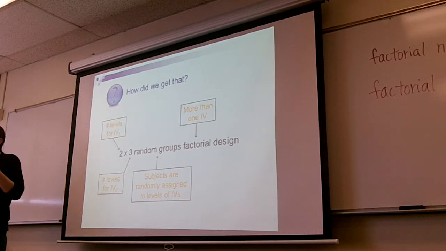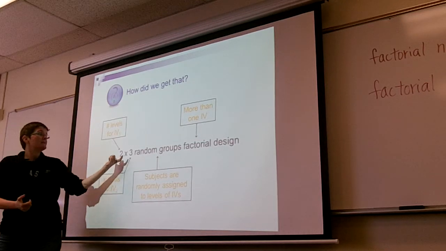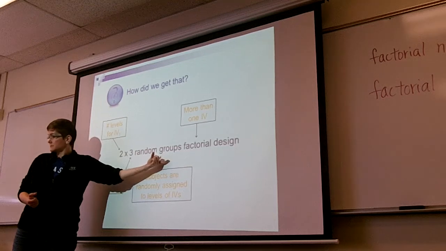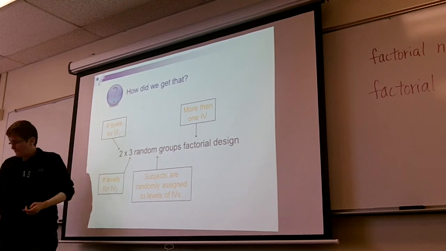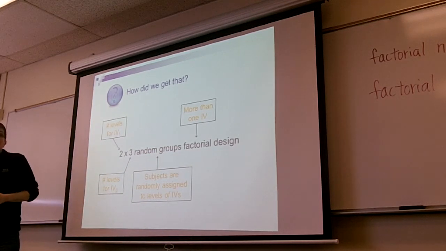So when I ask you to give me the factorial notation and factorial design for a study, you need to give me both parts. And there will be time on the problem set. There will be a number of questions where you have to practice using this chart and working through solving problems.